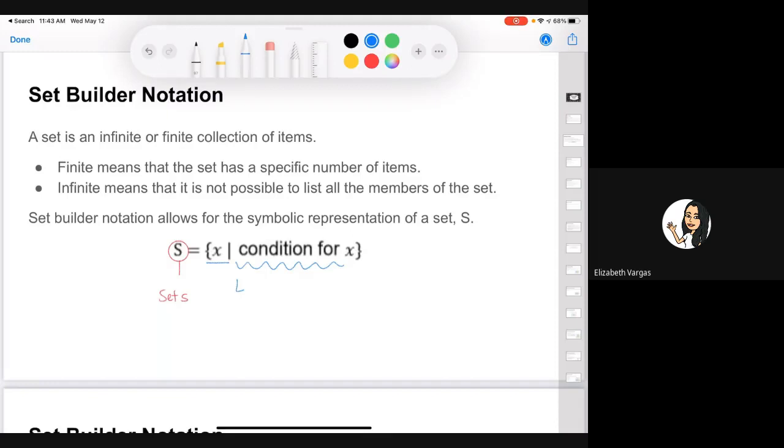We'll label out what those conditions are depending on what kind of sets or elements we have, but we represent them like this. S just names the set, but what we're really going to look at is what conditions the elements in that set are meeting.